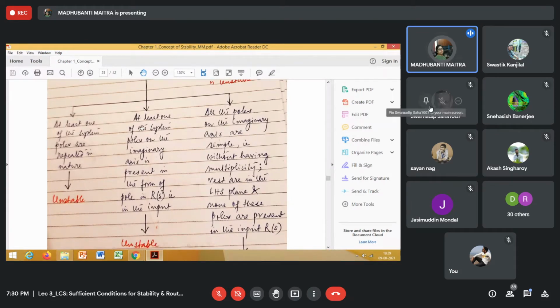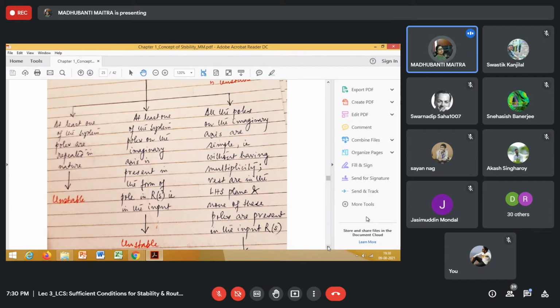Now the next case: at least one of the system poles on the imaginary axis is present in the form of a pole in R(s), that means in the input.